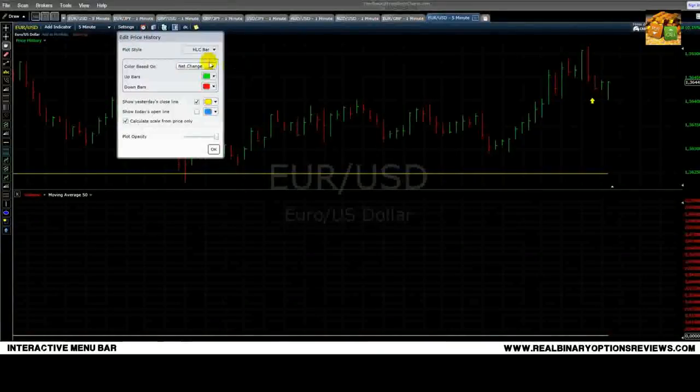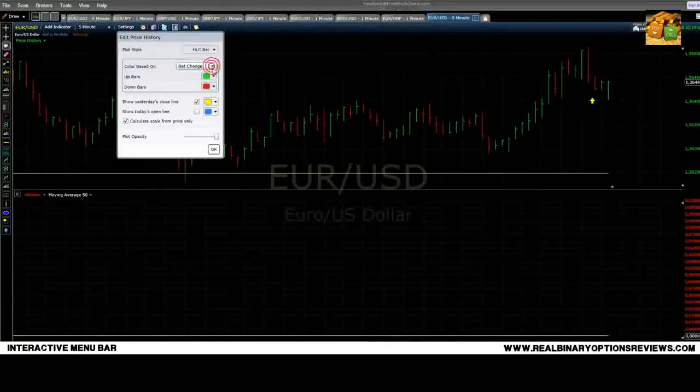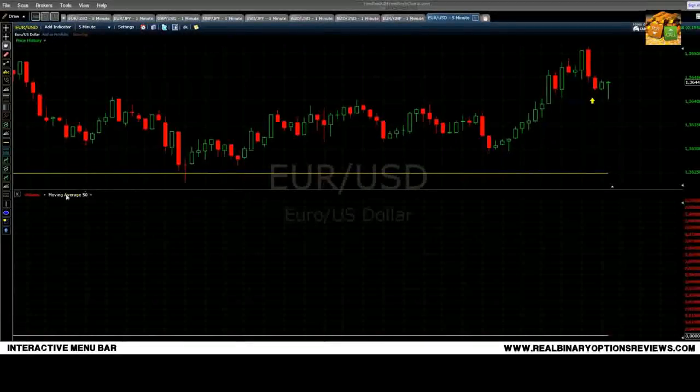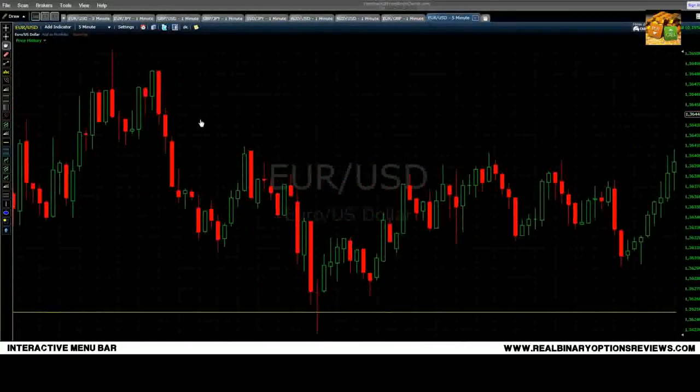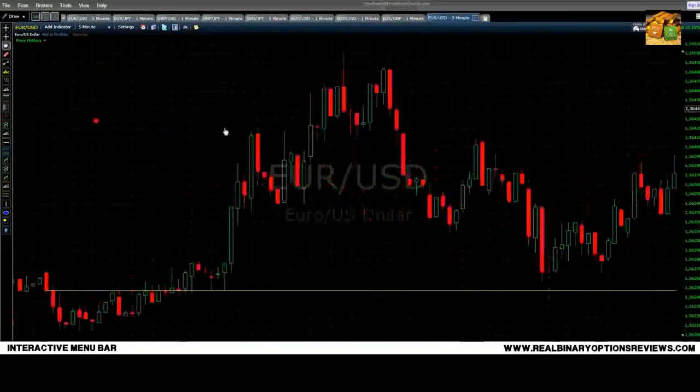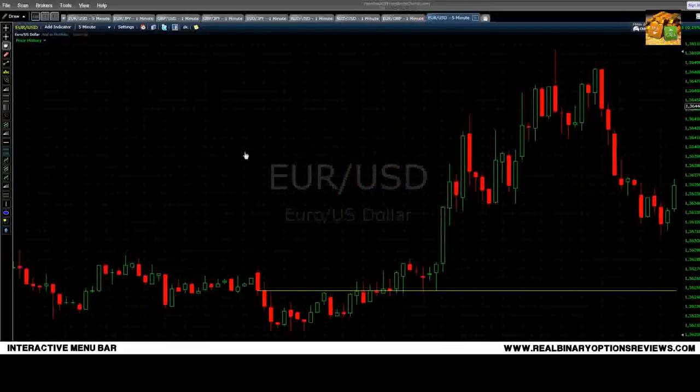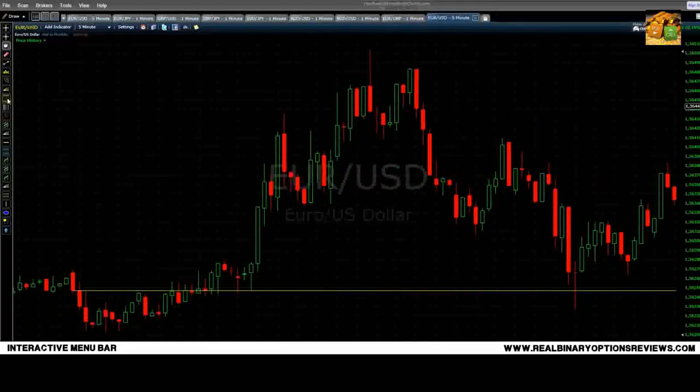I want to have it like the candlesticks. And I'm going to close this window. And I just want to show you the use of the Fibonacci tool on the simple empty chart without any other indicators. Now when you click here, you will get the Fibonacci retracement tool.